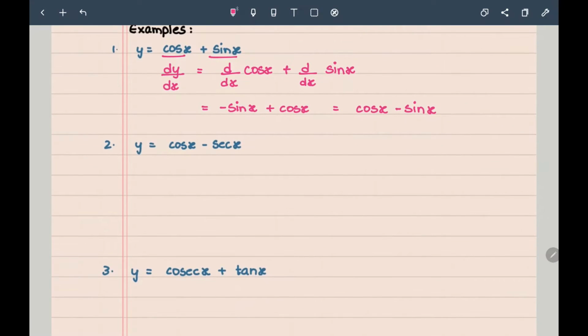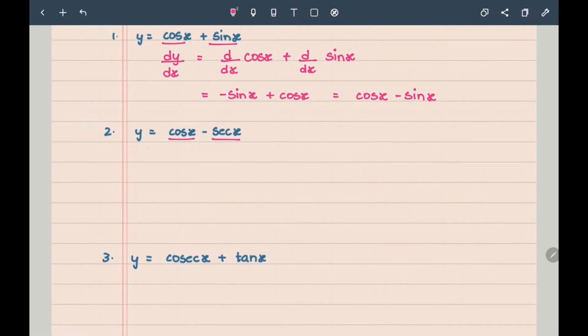The next question is y is equals to cos x minus secant x. So dy by dx is equals to d by dx of cos x minus d by dx of secant x, that is minus sin x.